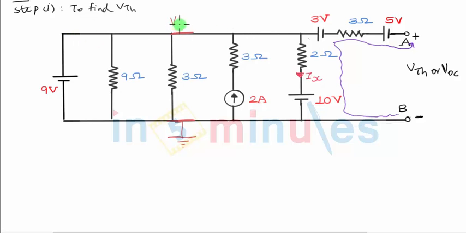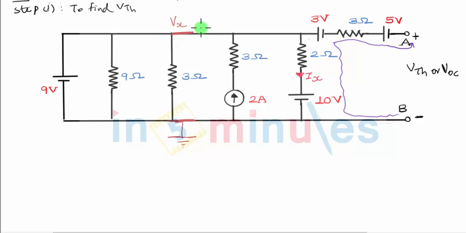Let me define this voltage as Vx. And let us see what all branches we have. This is my branch number 1 in which the 9 volts battery is connected. This is the second branch, 9 ohm. This is 3 ohm. This is 3 ohm along with a current source, and this is 2 ohm and this particular voltage source. You may apply KCL by considering currents in all these branches and find the value of Vx.